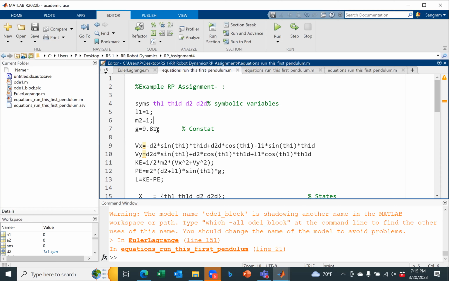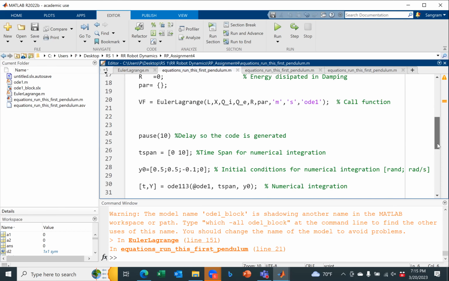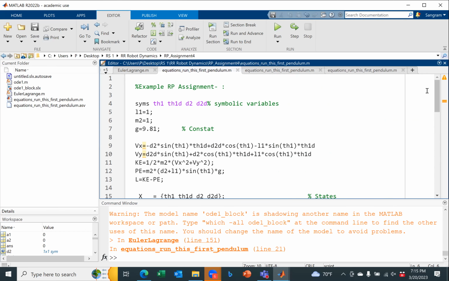We found the positions of the end effector. We found the velocities of the end effector. We found the kinetic energy. We found the potential energy. And then we did the Lagrangian as kinetic energy minus potential energy. And then we used MATLAB to solve the problem. And then this is the answer that we got.